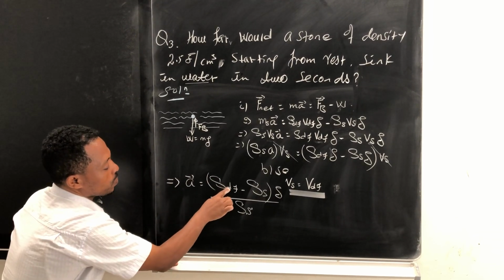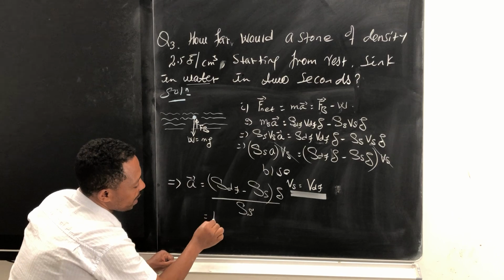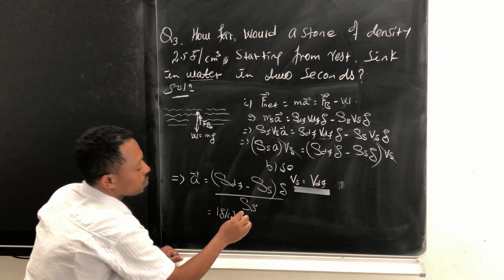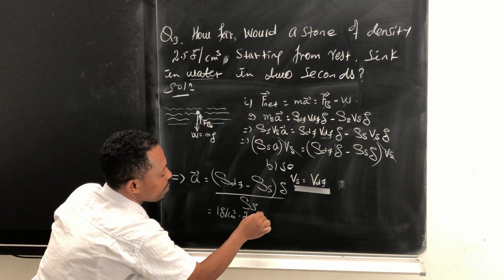The density of the displaced fluid, since it is water, is 1 gram per cubic centimeter. The density of the stone is given, that is 2.5 gram per cubic centimeter.